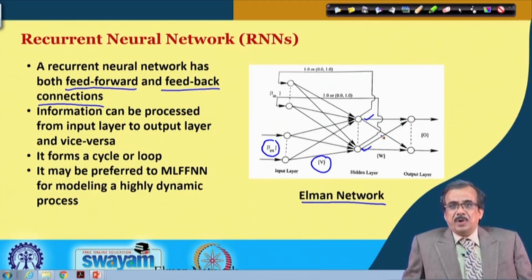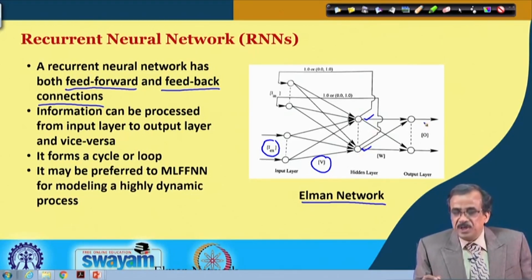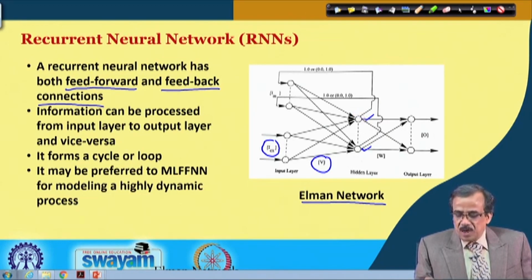Now, here the outputs of the hidden neurons are not directly passed to the output. Instead, those outputs of the hidden neurons are taken as the feedback.